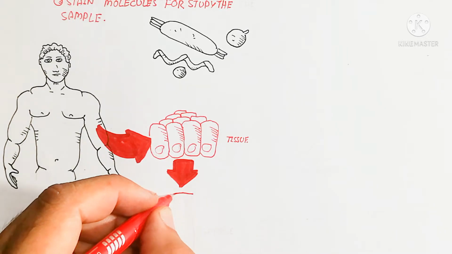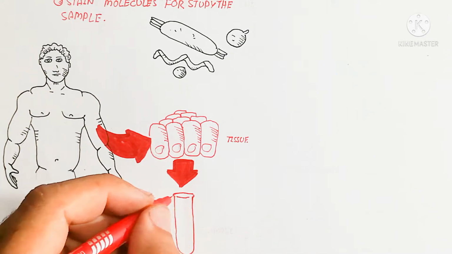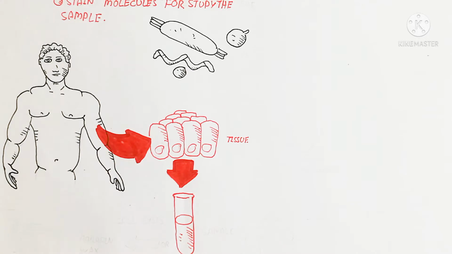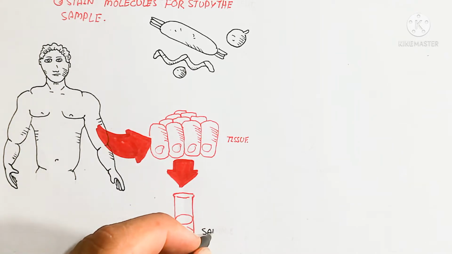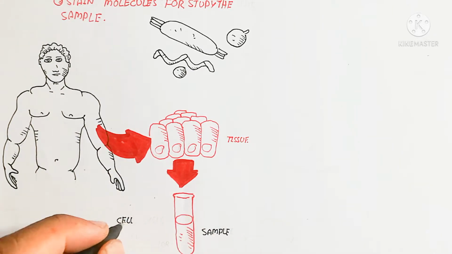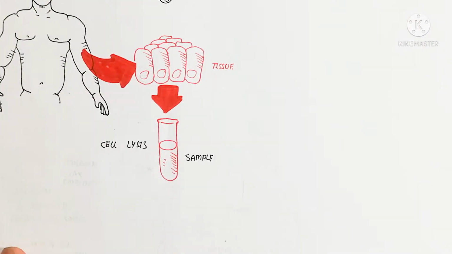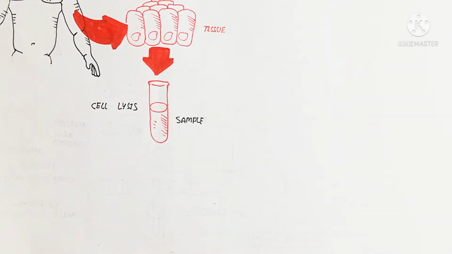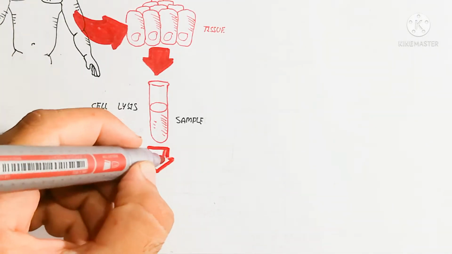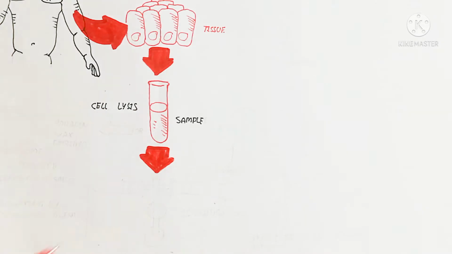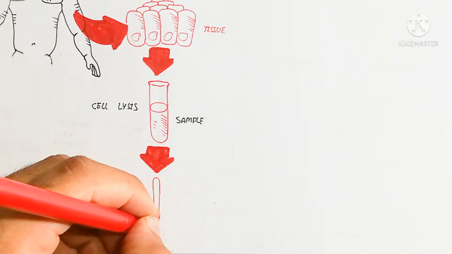Then the cell is lysed by different mechanisms of cell lysis, breaking the cell down into small pieces. These small pieces contain different densities, so we separate them by centrifugation of that test tube.